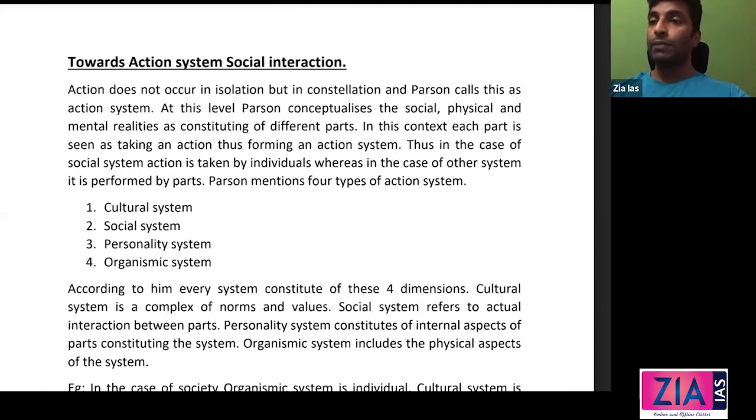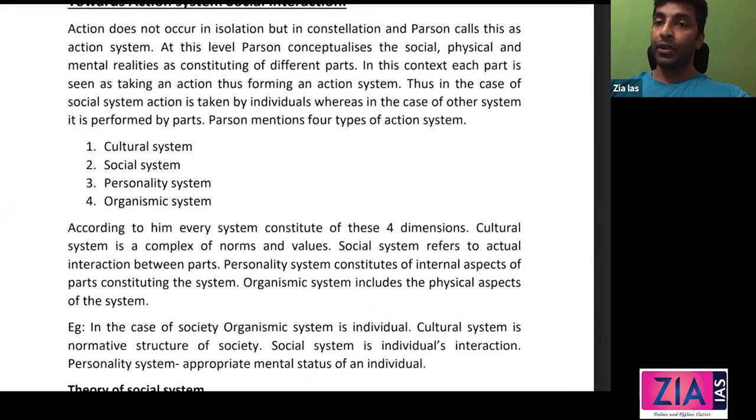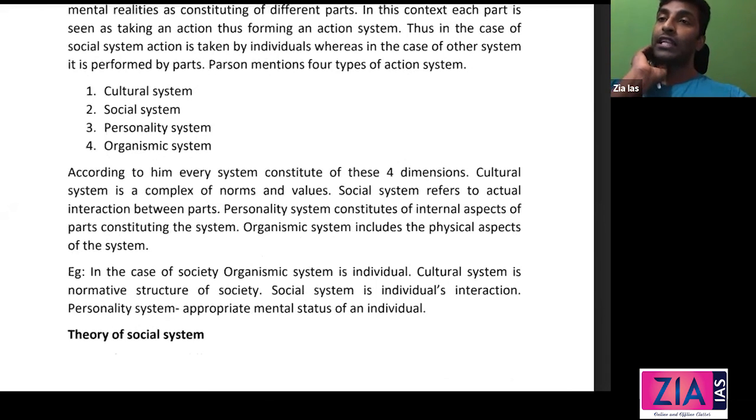Parsons mentioned 4 types of action systems: cultural system, social system, personality system, organismic system. So 4 action systems. According to him, every system constitutes these 4 dimensions. When I say cultural system, it is a complex of norms and values. It is nothing but norms and values. That is what the cultural system is.